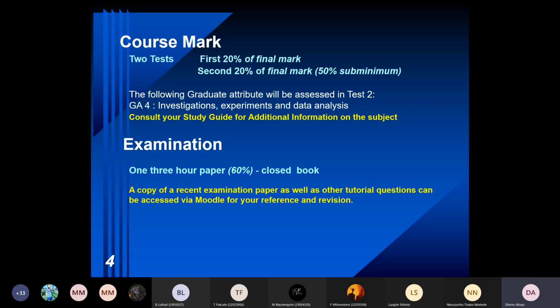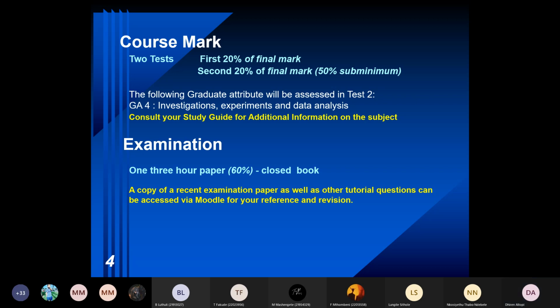Previously, there were 10 GAs. We have now added the 11th, GA11, which deals with engineering management. If you go through all your subjects, you can pick up where the various GAs will be assessed. I know in your design project, a couple of GAs are assessed, more than one.